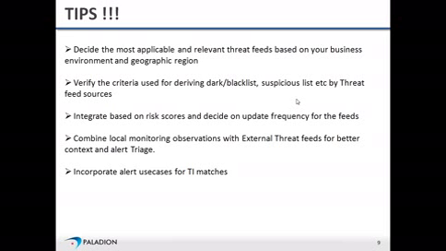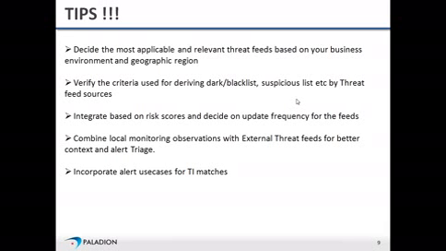That is key, because whenever these threat intelligence feeds are integrated, we get an output from the SIEM. We have to understand that these are the IPs which are making a lot of noise, which are making certain attempts at this particular sector. We should know why these IPs are getting derived. So verifying the criteria is key.